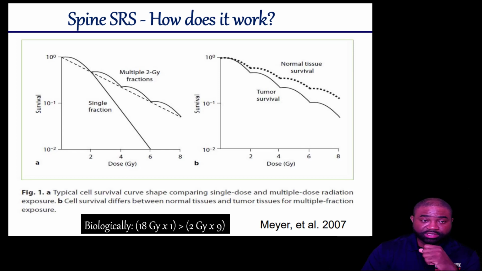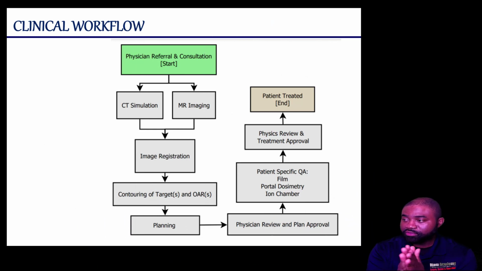And so the typical workflow for a spine patient is, once the patient is referred to an oncology department, CT simulation is conducted, MRI images are ordered, then the CT images are fused with the MRI images. When this is completed, both the target and the surrounding organs at risk are delineated.